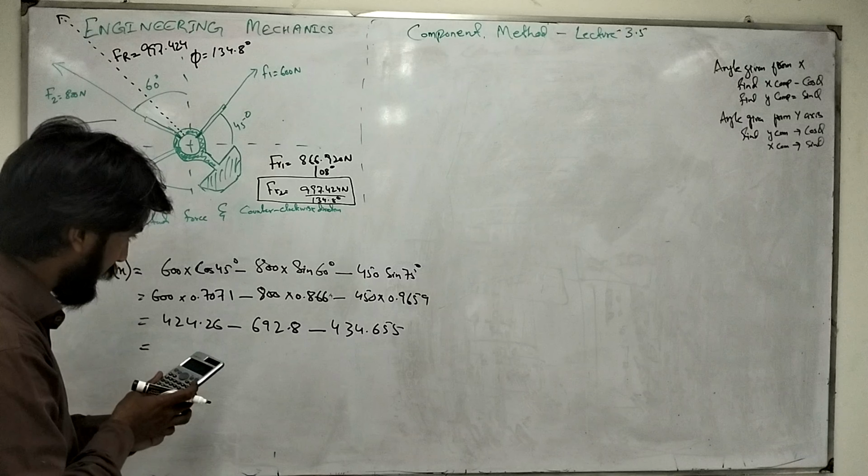So sine 45 is equal to 0.7071, plus 800 multiplied by cosine 60, 0.5, minus 450 multiplied by cosine 75 is equal to 0.2588.